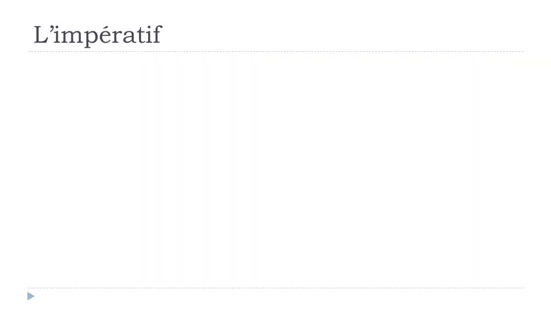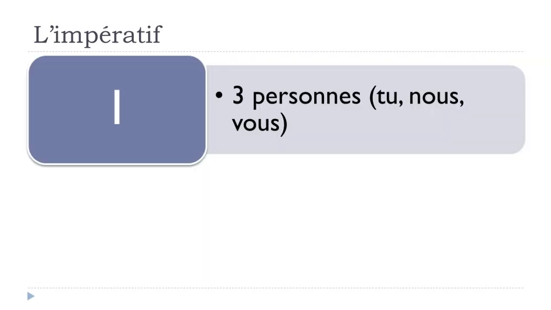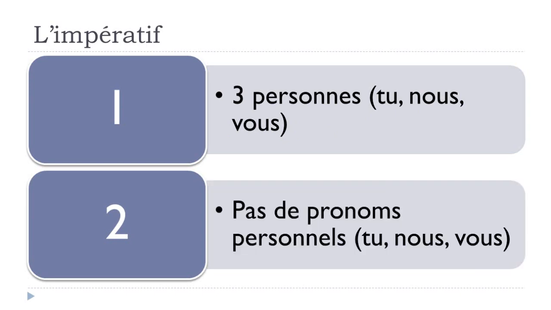Utiliser is in the imperative form. Now, the first thing that you've got to remember when we talk about this imperative form is that we've got only three persons, tu, nous, and then vous. So the imperative doesn't exist for je, for il and ils. The second thing that you should remember is that you won't use these pronoms personnels.